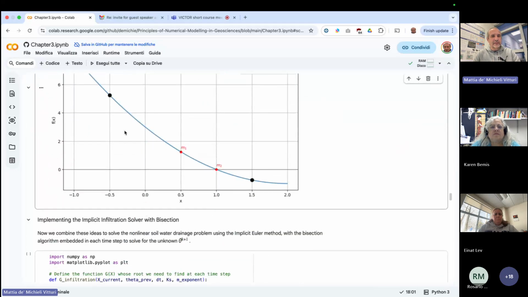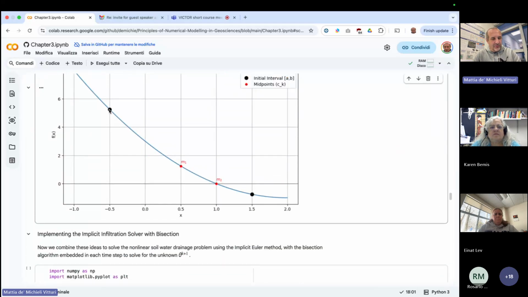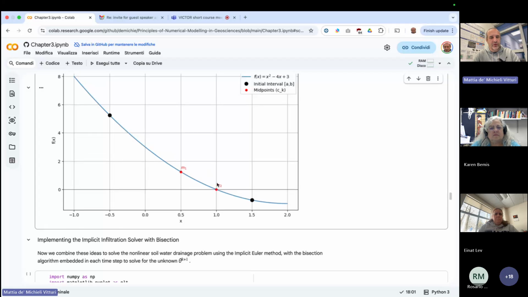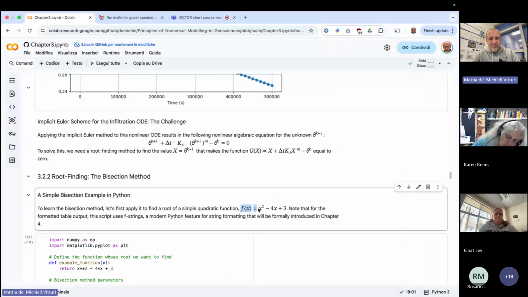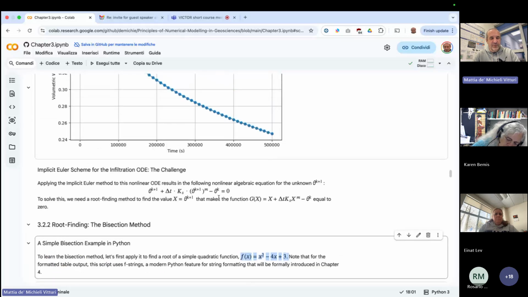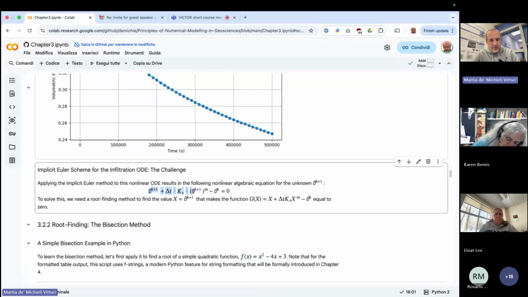But what we have seen is that when we start from values for which the function is positive and another one for which it is negative, this algorithm will always converge to a 0. So this is a way to solve a nonlinear function, and this is something that we can use to solve the nonlinear function that we obtained with the implicit method for our ordinary differential equation.